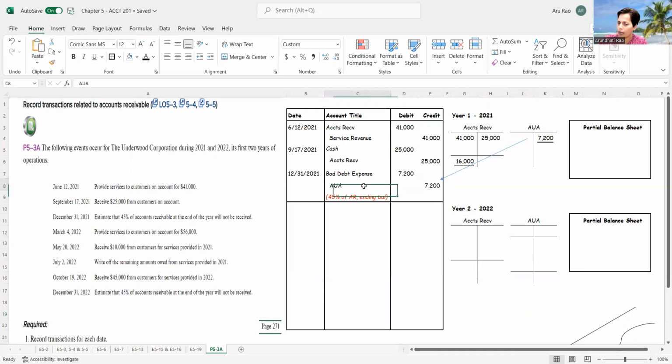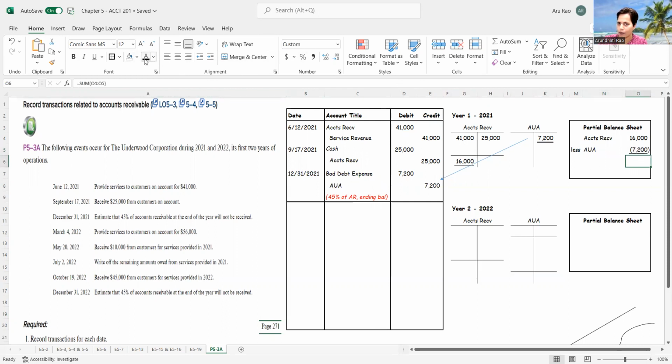Now, what is this allowance for uncollectible accounts? This is a contra asset account. So in my balance sheet, my receivables, I'm going to say I have this 16,000 left over at the end of the year. However, I'm saying that I am not confident of collecting the 7,200.